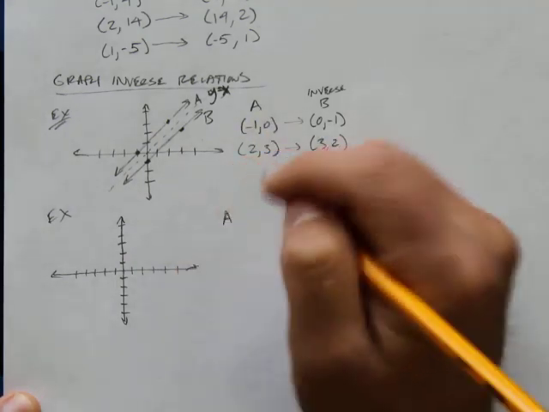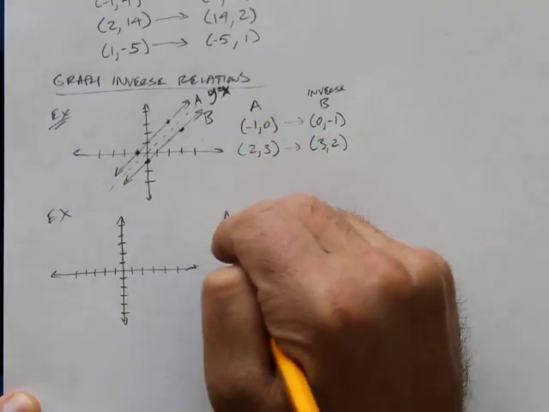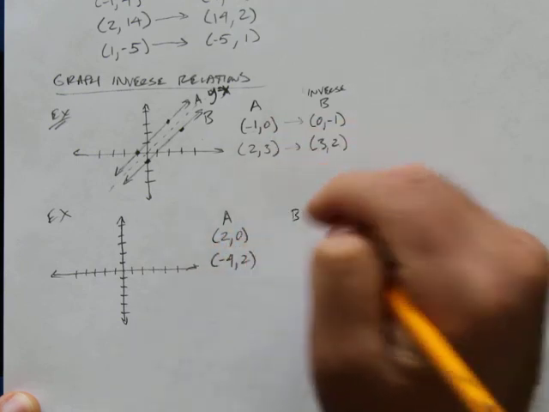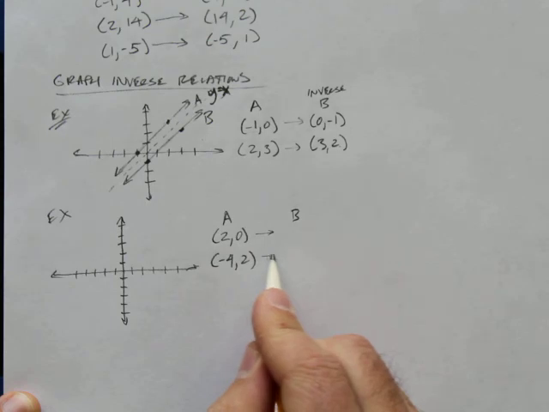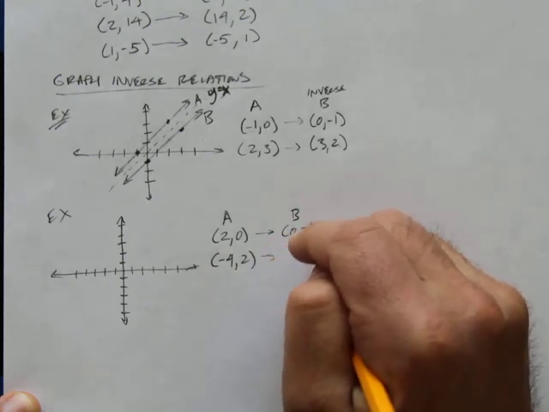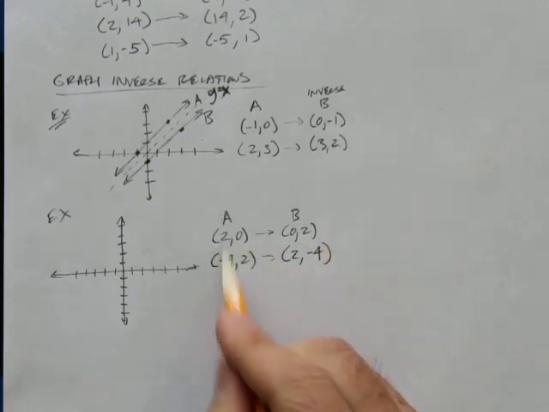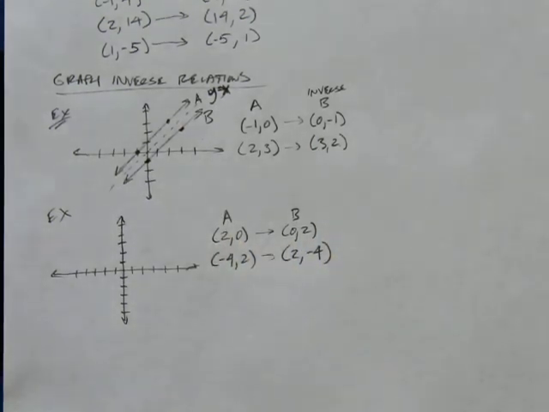All right, my relation is 2, 0, and -4, 2. And I'm going to do the inverse. And my inverse is going to be 0, 2, and 2, -4. So let's graph A first and then B.